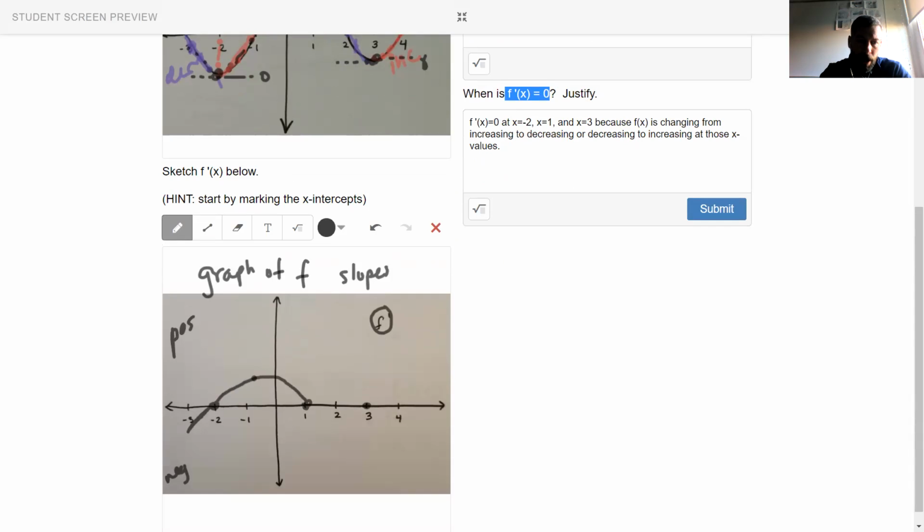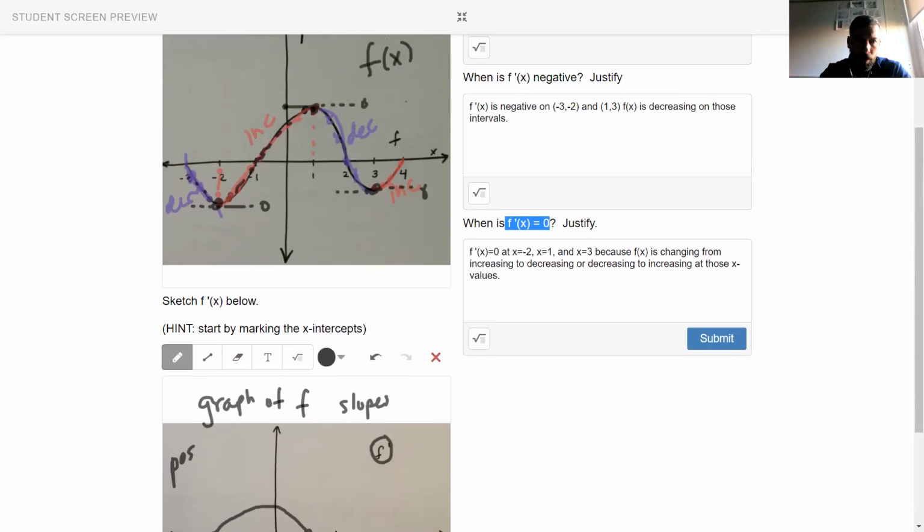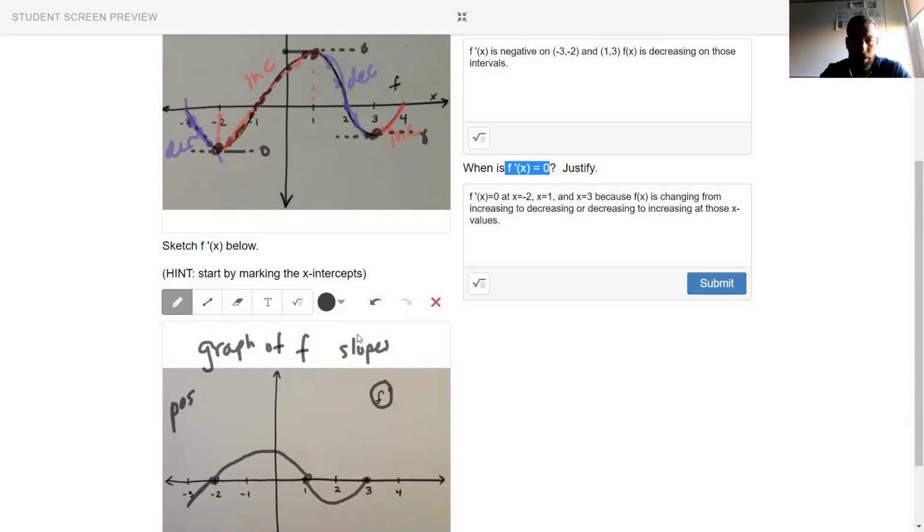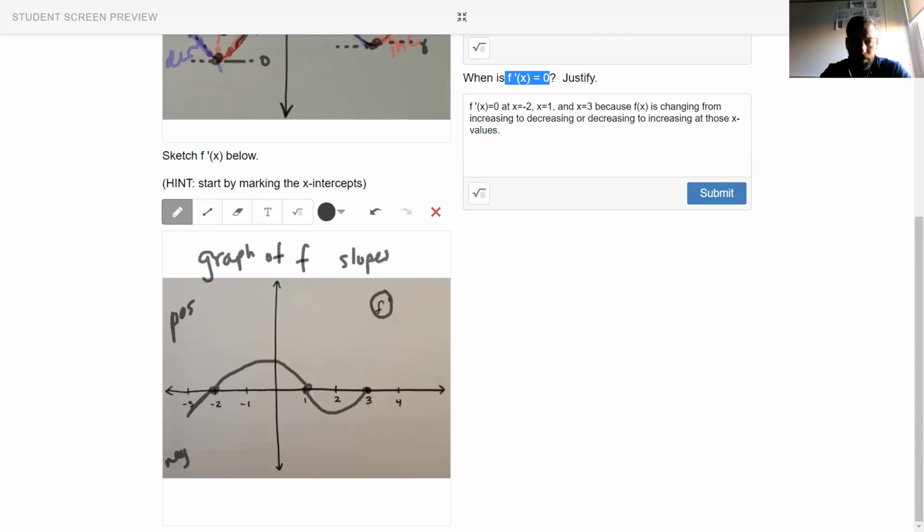I get a very, very high slope, positive, and then it kind of goes back to a slope of 0 right here. Now what happens? We have negatives, right? It starts decreasing pretty slow, then decreases fast, then decreases slow again. So all of those are going to be in the negatives, and it's going to come back to 0 at 3. And then it's going to be back into the positives from 3 on.